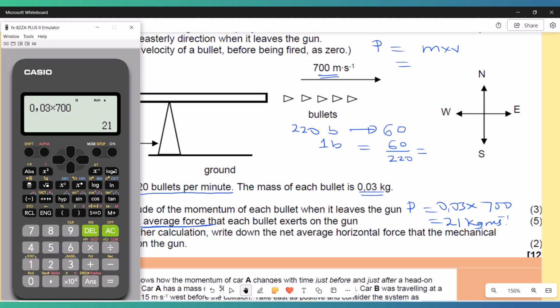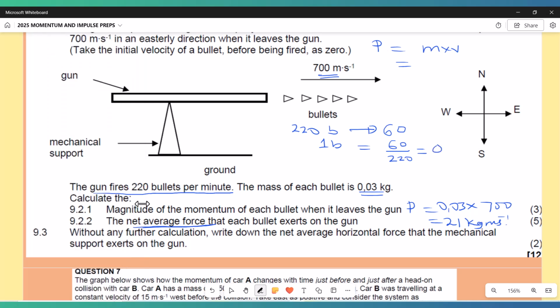Calculate again: 60 divided by 220 gives me 0,273 seconds.